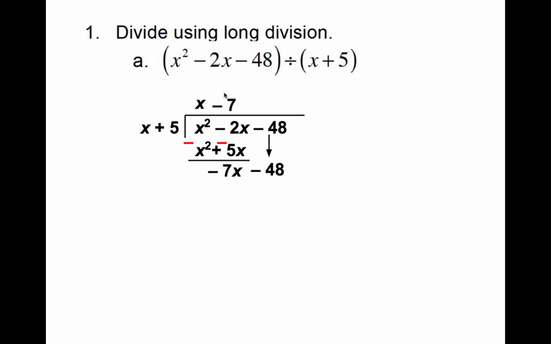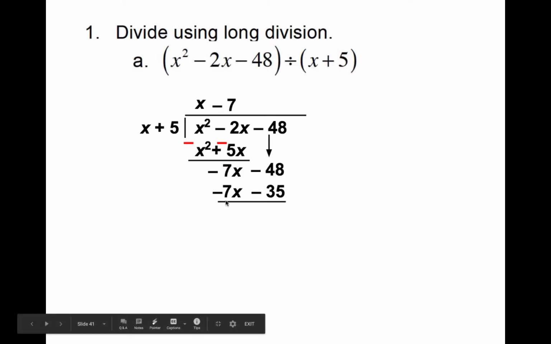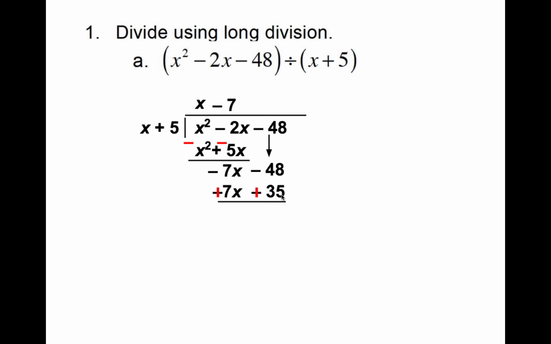The next step is to multiply. Negative 7 times x is a negative 7x. Negative 7 times 5 is a negative 35. You're subtracting the whole row, so change both signs. This cancels like you want it to. So this would become negative 48 plus 35, which is a negative 13. Notice there's nothing else to drop down, so this is our remainder.